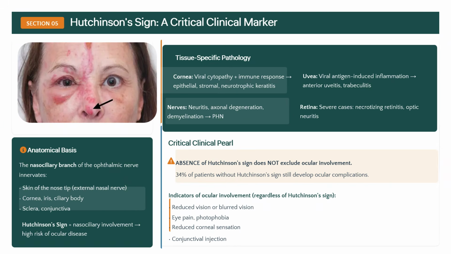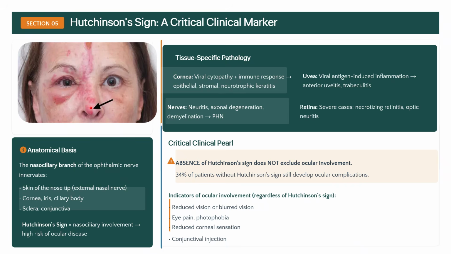Now, another important point regarding the Hutchinson sign that we have spoken about before. This sign is related to the involvement of the nasociliary nerve, which supplies the nasal part of the nose and the tip of the nose. So the presence of Hutchinson sign strongly suggests that there is ocular involvement.